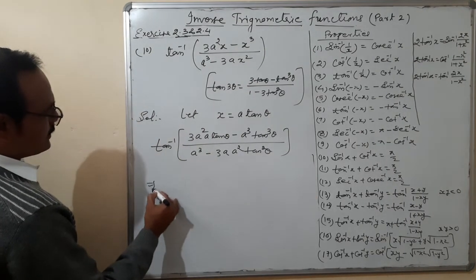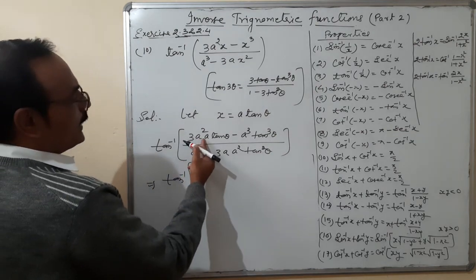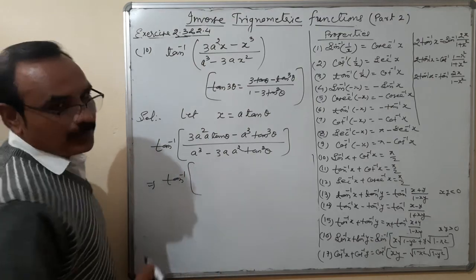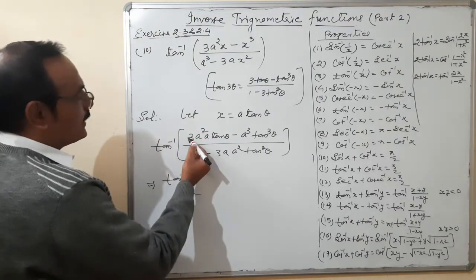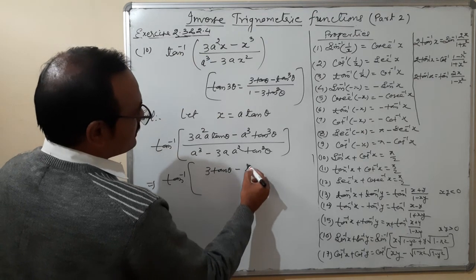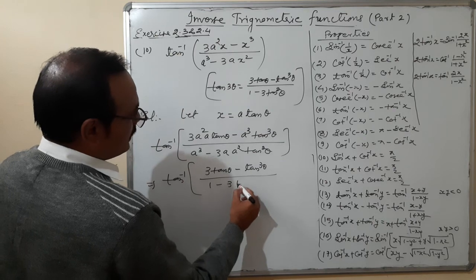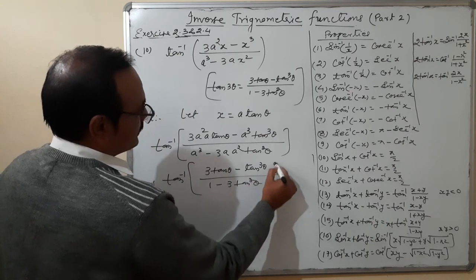Now you can see a cube is common and cancels. The remaining term is (3 tan theta minus tan cube theta) upon (1 minus 3 tan square theta).